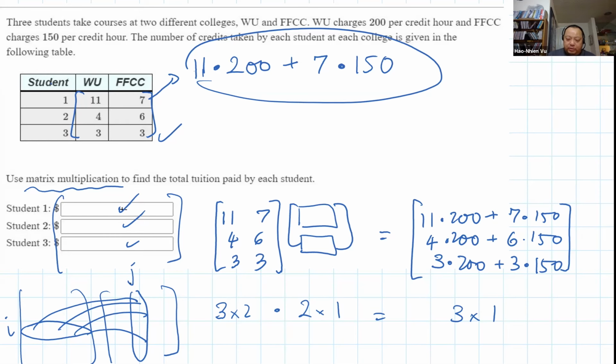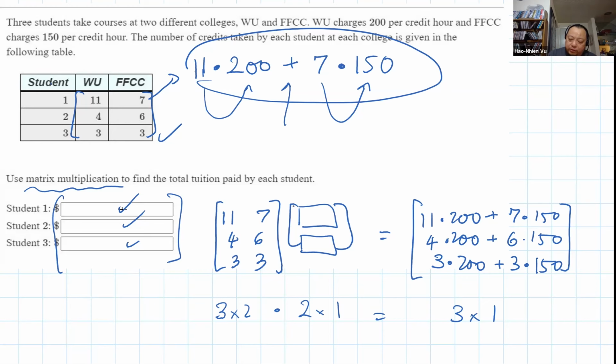I match the numbers and then I add them, right? That's the technique of multiplying. So that means I need to multiply 11 times this and 7 times that, and then I add. So that tells me that I ought to put the number 200 here and the number 150 there.